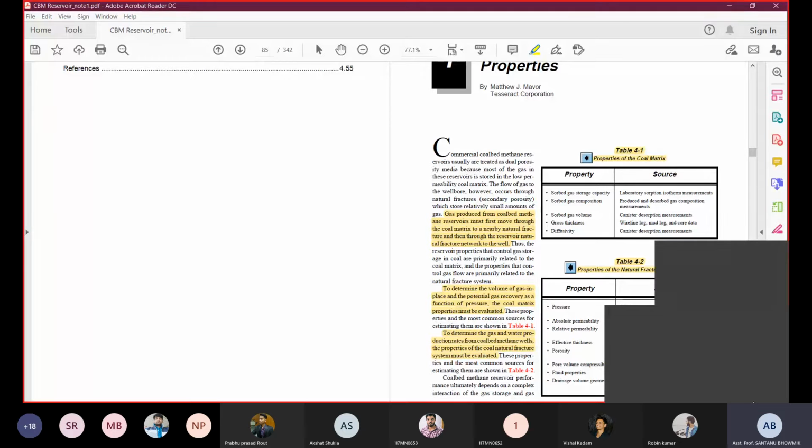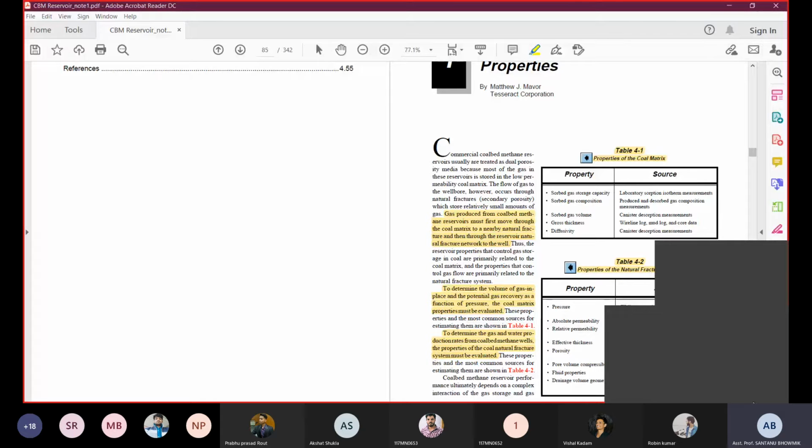So it is always a source reservoir. We have also seen that coal is a source and also a storage. Why source? Because it is going to generate the gas. And it is also a reservoir because it is also going to store the gas.